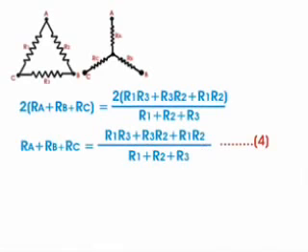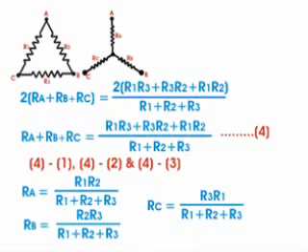Now if we add equations 1, 2 and 3, we shall get 2 into (Ra plus Rb plus Rc) is equal to 2 into (R1 into R3 plus R2 into R3 plus R1 into R2) divided by (R1 plus R2 plus R3), or Ra plus Rb plus Rc is equal to (R1 into R3 plus R2 into R3 plus R1 into R2) divided by (R1 plus R2 plus R3), and say this is equation 4.